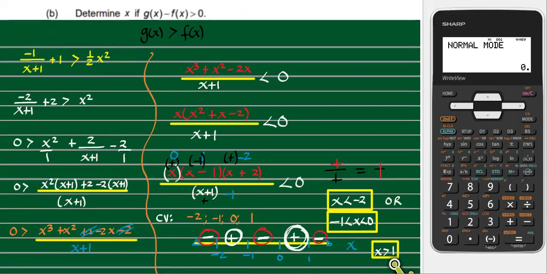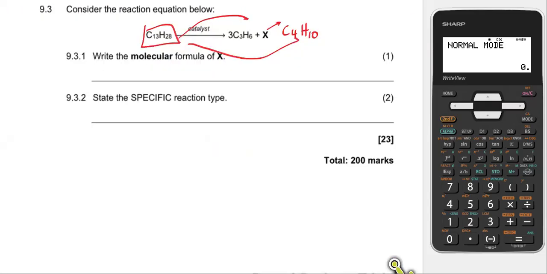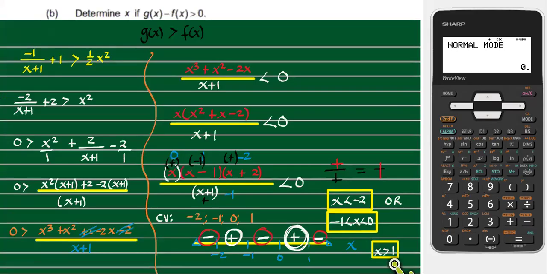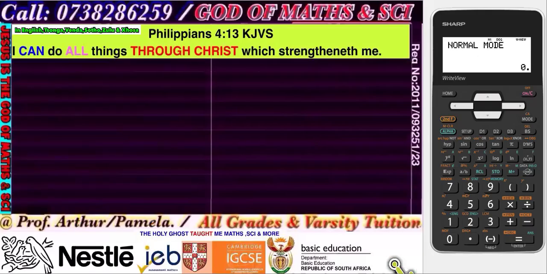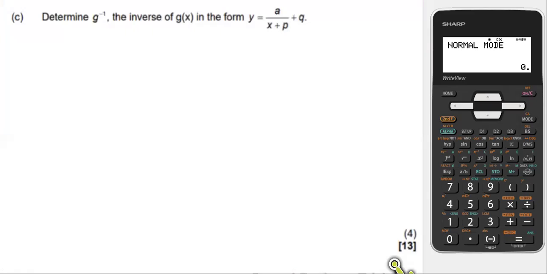All right, so now let's do the last part of it. We were supposed to get something here: the inverse thereof.